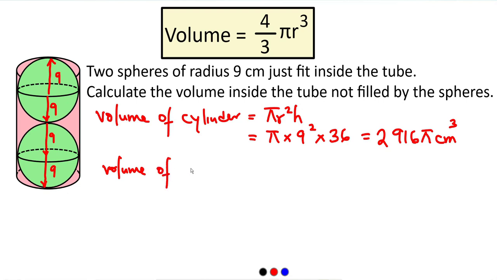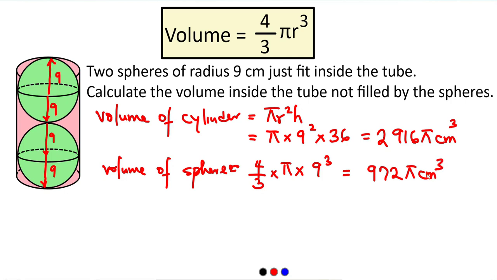So we know the volume of one sphere. Of course, we know the formula, which is given up here: 4/3 times pi times the radius cube. Now the radius is 9, so we do 9 cube. And if you work this out, you're going to get 972 pi centimeter cube. So that means the other sphere is also going to be the same thing.